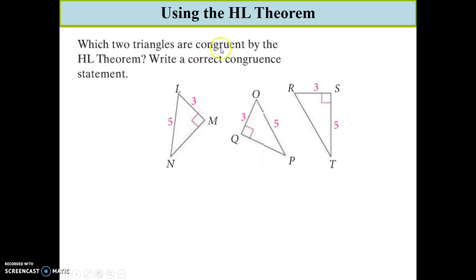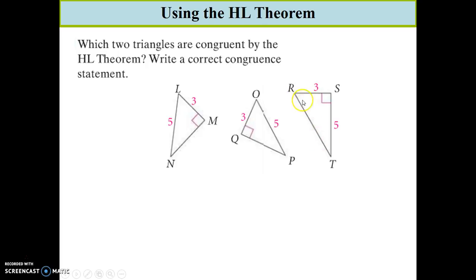So here, which 2 triangles are congruent by the HL theorem? Let's see, we need right triangles. So this is a right triangle, this is a right triangle, this is a right triangle, this is a right triangle. So we're good with the first condition. Then the hypotenuse must be congruent in each triangle. Here the hypotenuse is 5. Here the hypotenuse is 5.